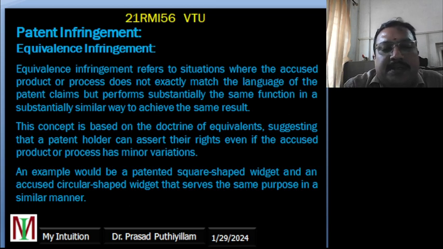This concept is based on the doctrine of equivalence, suggesting that a patent holder can assert their rights even if the accused product or process has minor variations. An example would be a patented square-shaped widget and an accused circular-shaped widget that serve the same purpose in a similar manner.